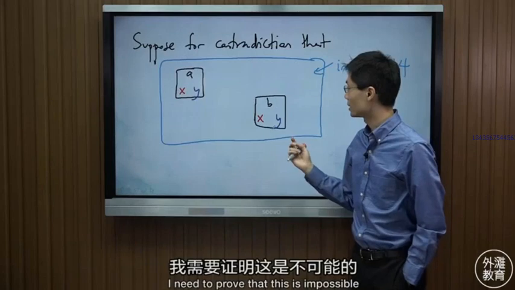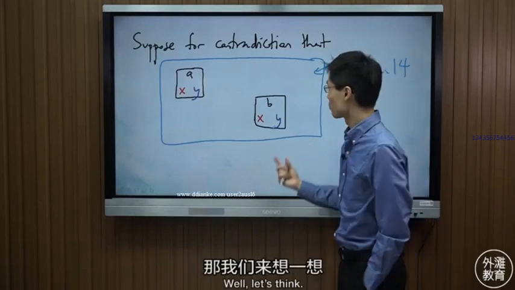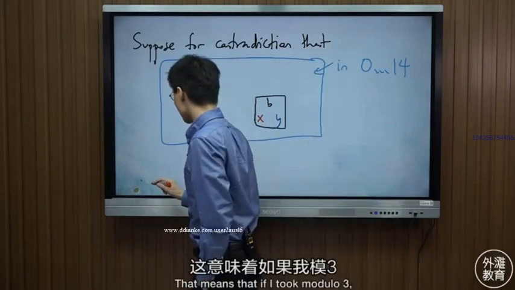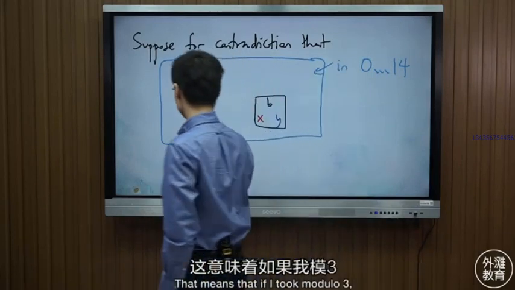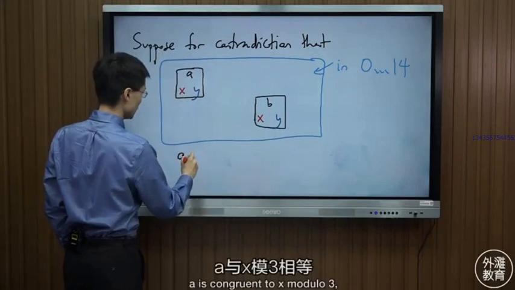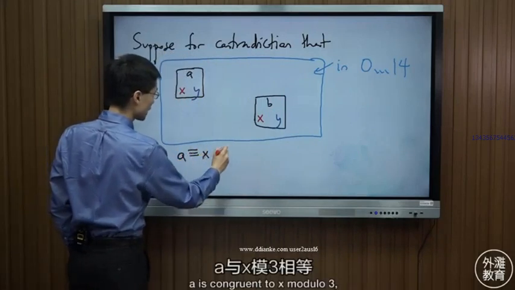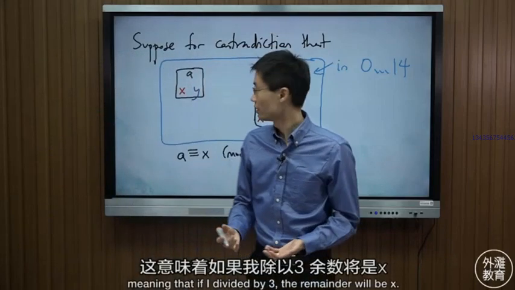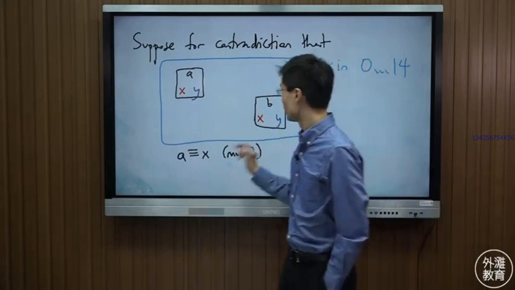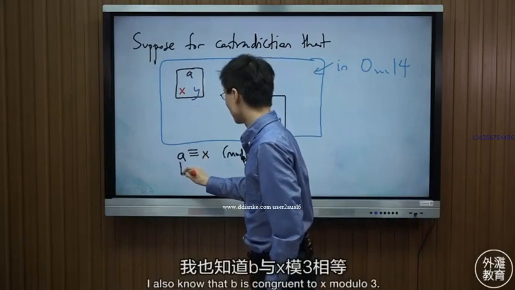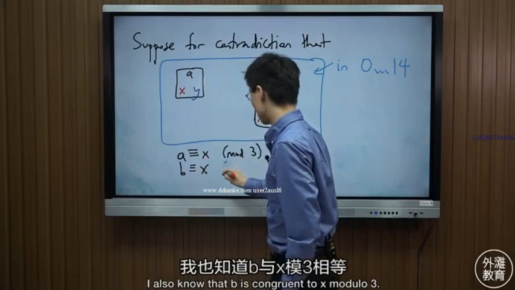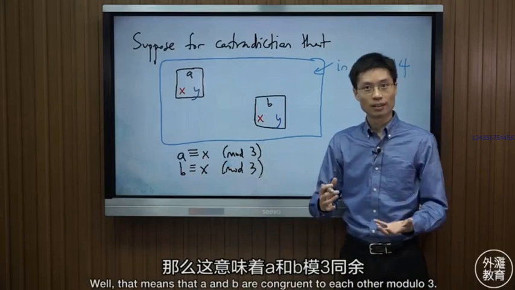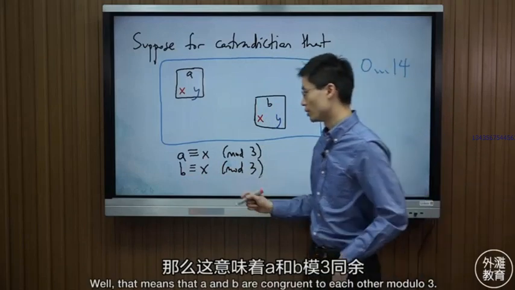I need to prove that this is impossible. Well, let's think. The fact that they have the same x, what does that mean? That means that if I look modulo 3, A is congruent to x modulo 3, meaning that if I divided by 3, the remainder would be x. I also know that B is congruent to x modulo 3. Well, what that means is that A and B are congruent to each other modulo 3.